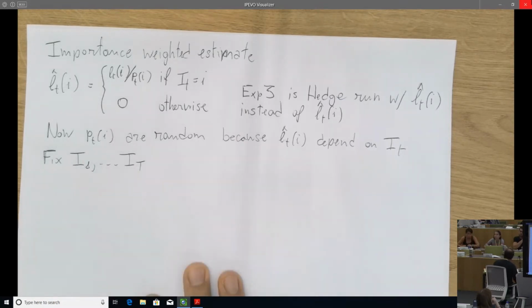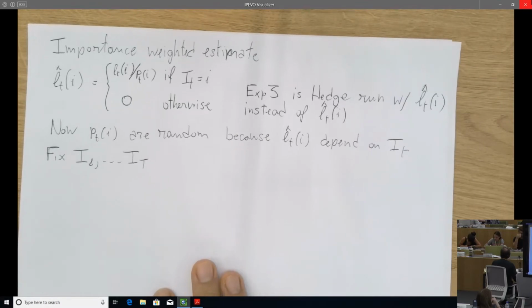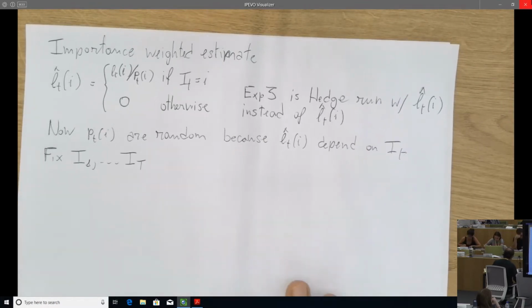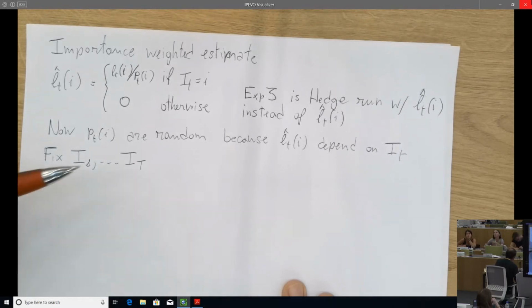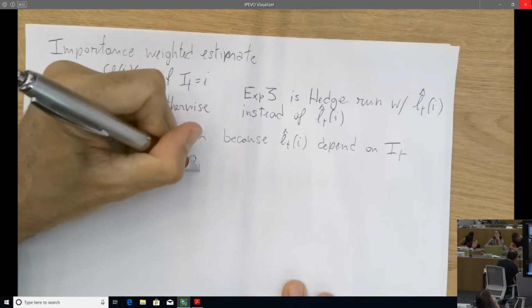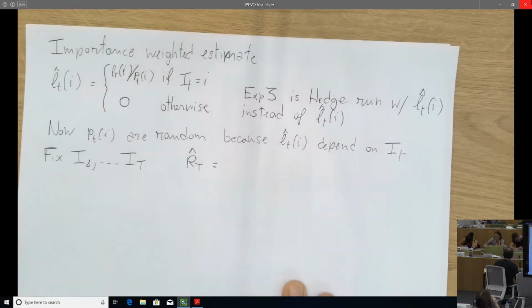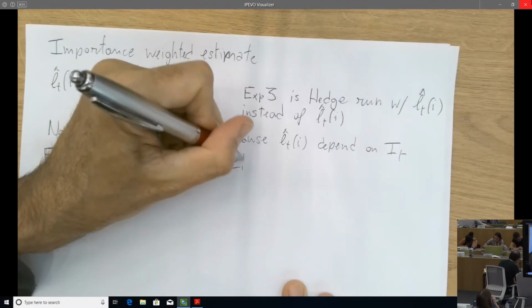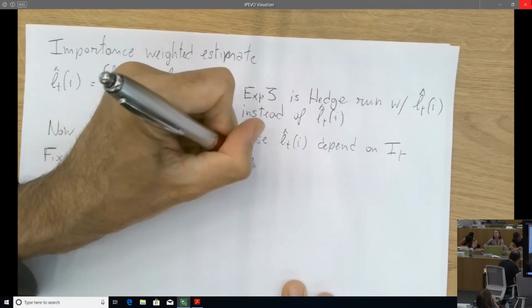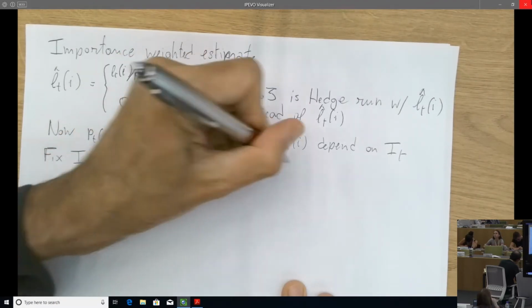So now I can really apply the Hedge analysis on these quantities because everything is deterministic. I just have to adjust the notion of regret. So regret is now defined using the L hats instead of the L.